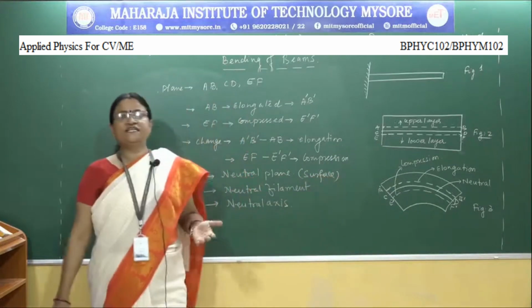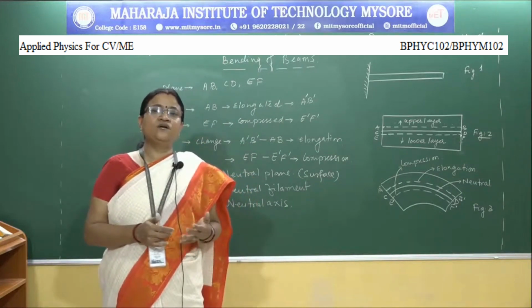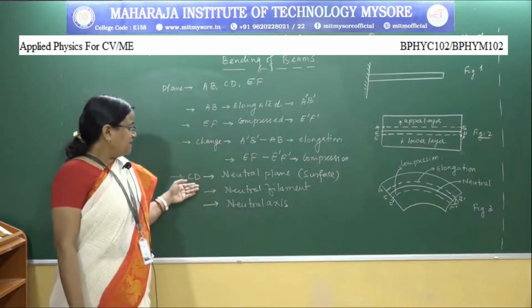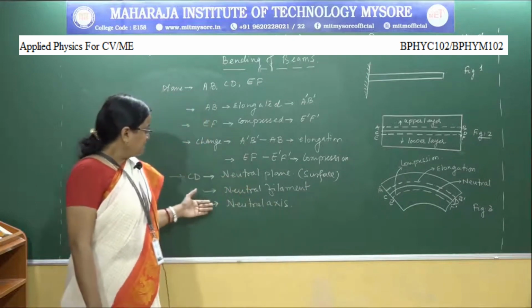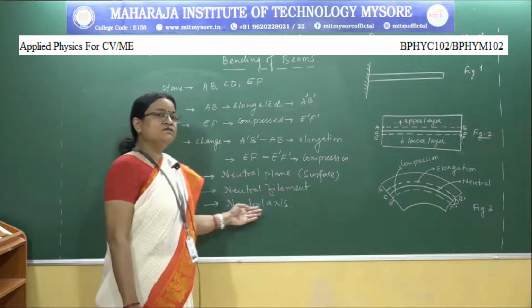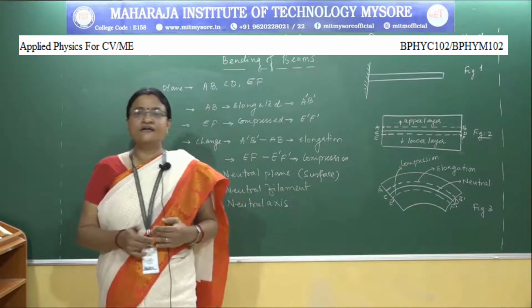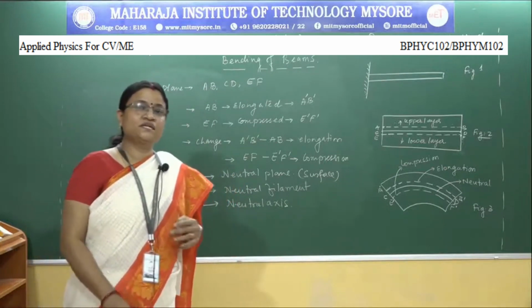Neutral means it won't change in dimension when the load is applied. The CD itself we call the neutral filament, and the line passing through the CD we call the neutral axis. So how can we define the neutral surface, neutral plane or neutral axis?